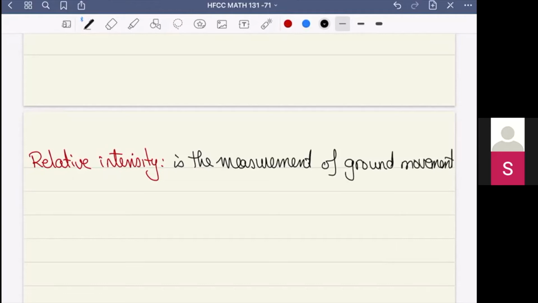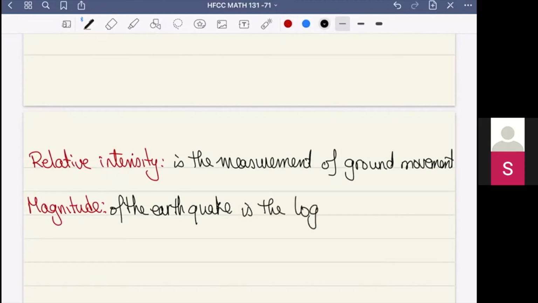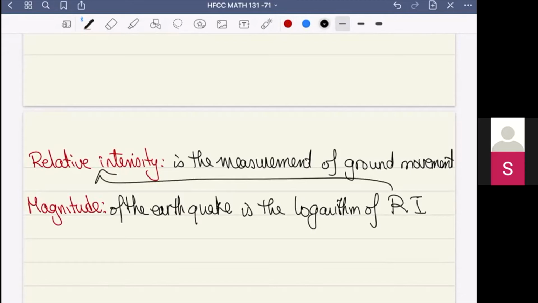Whereas the magnitude of the earthquake is the logarithm of the relative intensity, the log of the relative intensity, and I'm going to abbreviate it as RI.